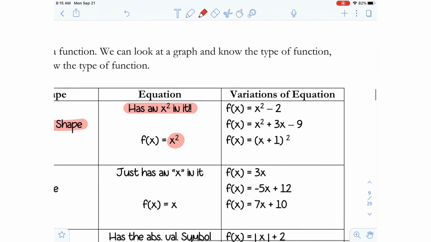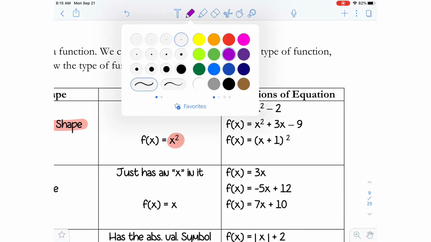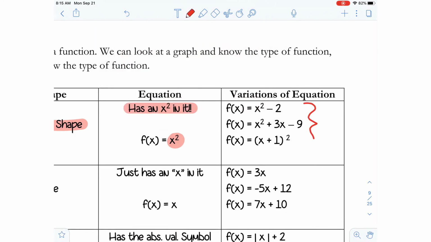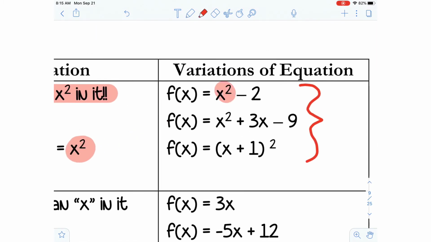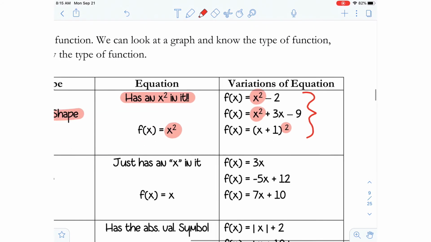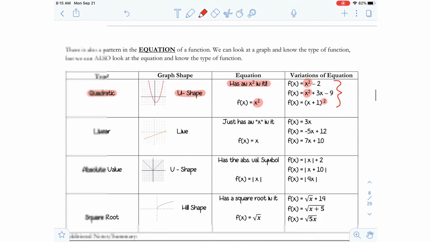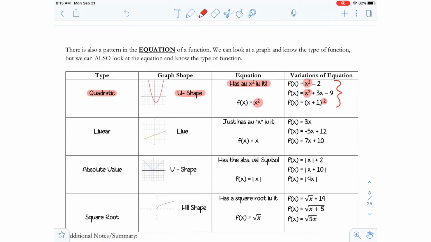So there must be an x squared. There are many different ways this might look, so here's a bunch of examples. Notice that all of these have an x squared. The last one's a little weird, but if I multiply all of this out, I will have an x squared. Since I see that squared, I know it's a quadratic, and therefore it's a U shape, okay?